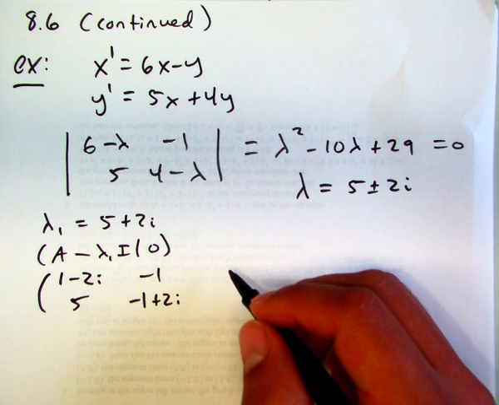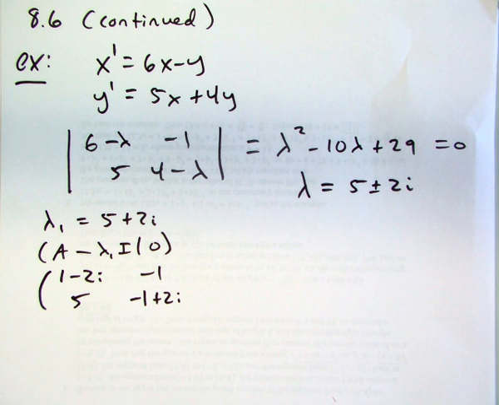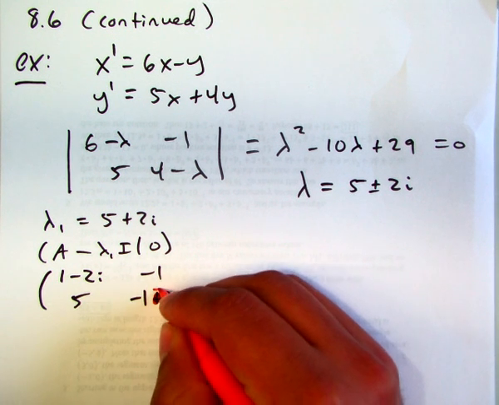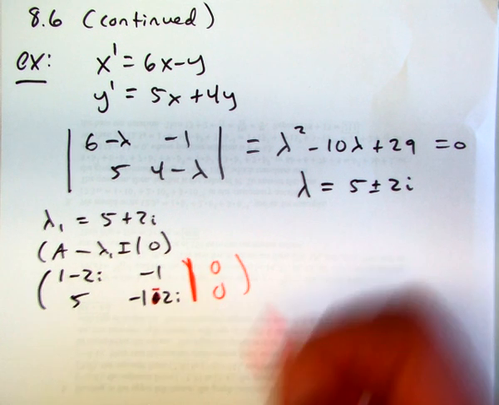I'm sorry, negative 1 minus 2i. And this gets augmented with 0.